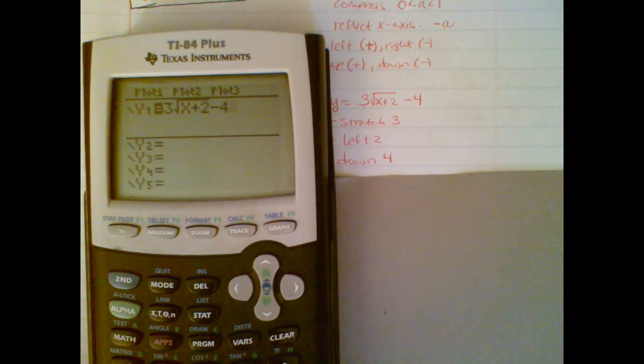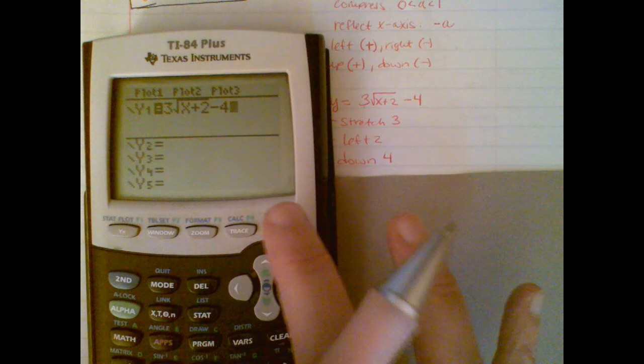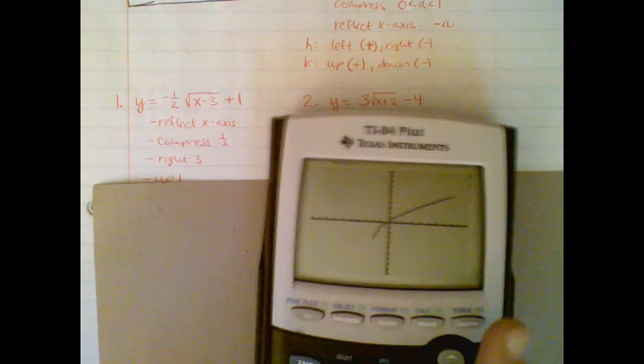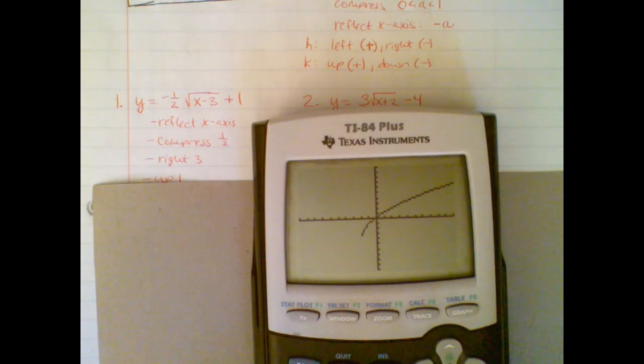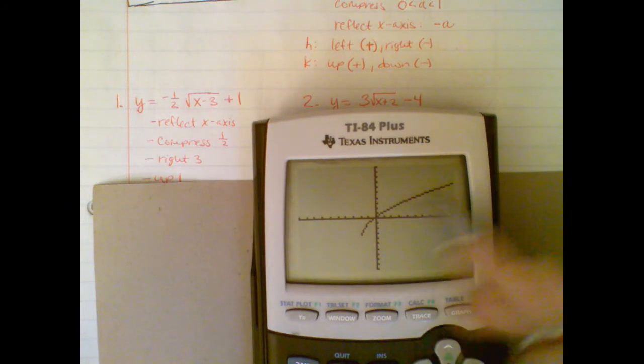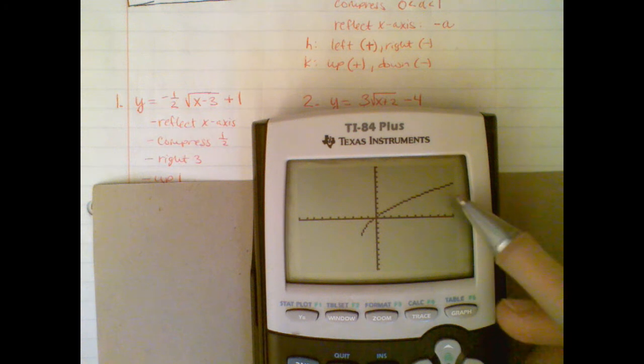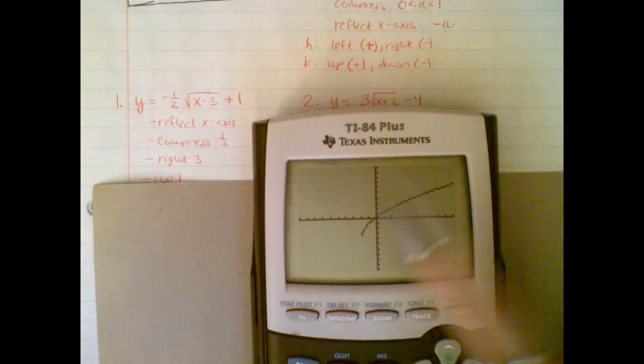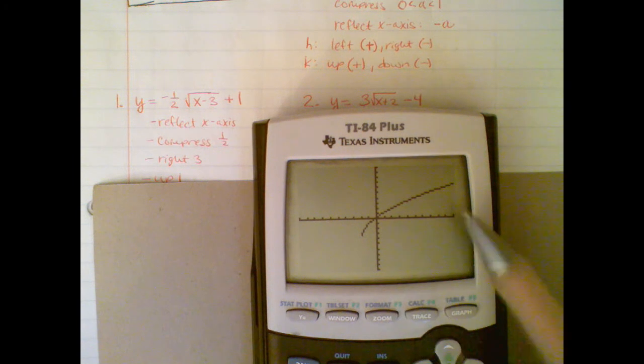So that would make our point, and then it's going to be stretched by a factor of 3. Notice when it's stretched, it's going to have a sharper curve to it. It wasn't reflected, so the curve is going up instead of going downwards like the last problem. But when it was compressed, notice it just didn't have as sharp of a curve like this one.